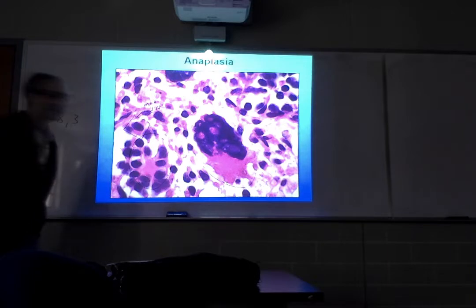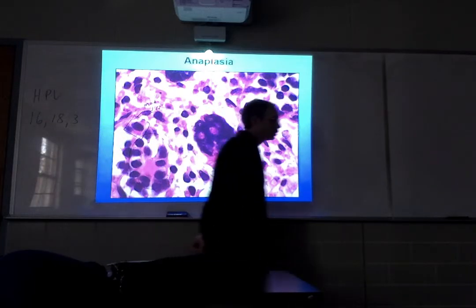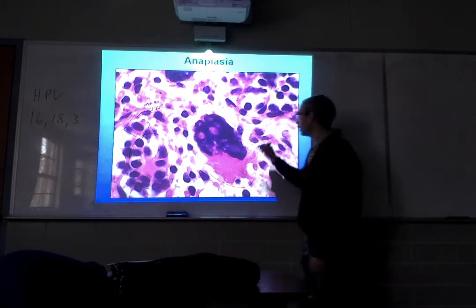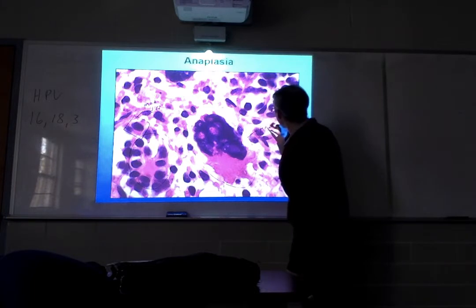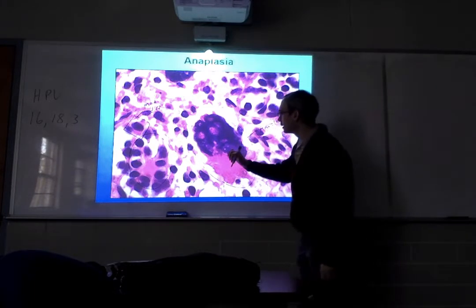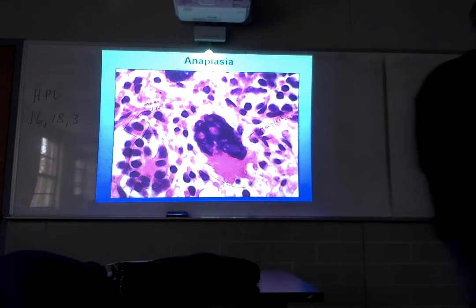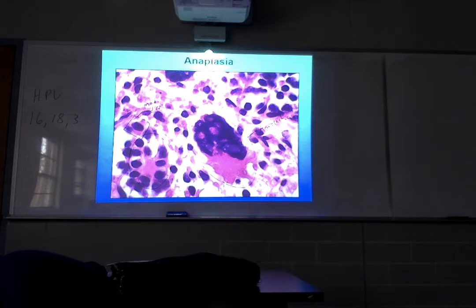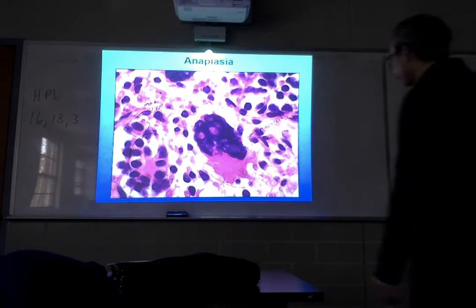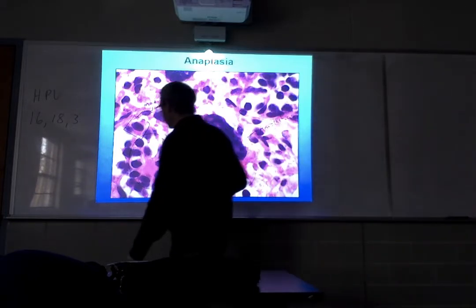No. So this cell is so poorly differentiated, you don't even know where it came from. This cell is anaplastic. That is a level of differentiation that is so bad, so poor, you don't even know what the normal counterpart is. That cell is anaplastic.